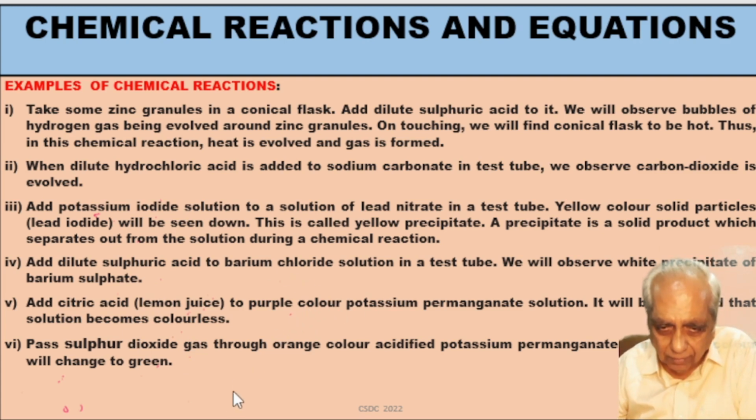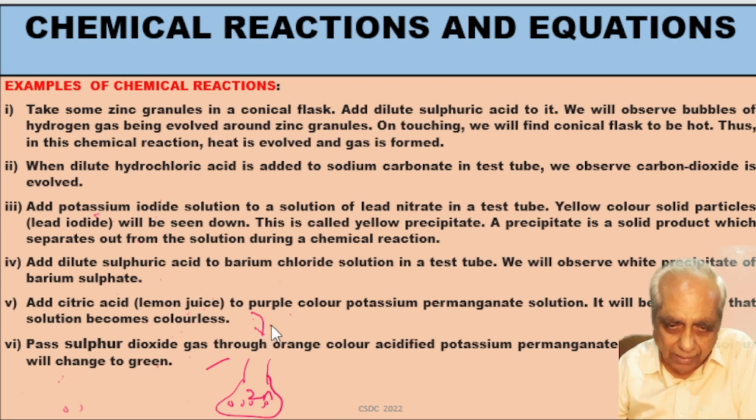A conical flask is of the shape of a cone like this, and here I am taking my zinc granules. These are my zinc granules, small pieces, and here I will keep a funnel. From the funnel I will add dilute sulfuric acid to the zinc granules kept in this conical flask.